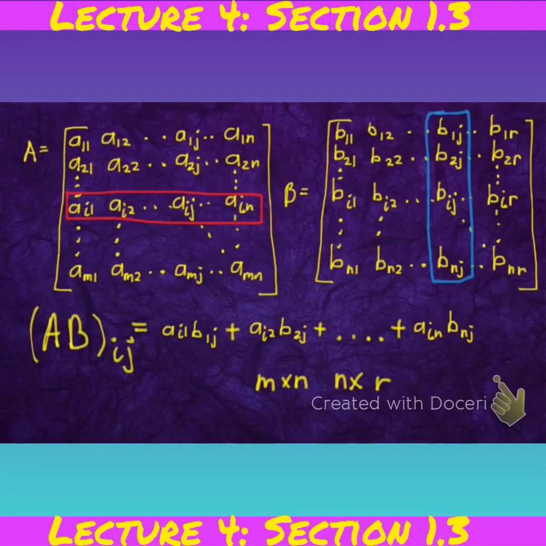So how do we determine the size of the product between two matrices? We look at these two indices, i and j. The i index corresponds to a row of A, and j corresponds to a column of B. To determine the size, we need to look at the range of the index i and the range of the index j.